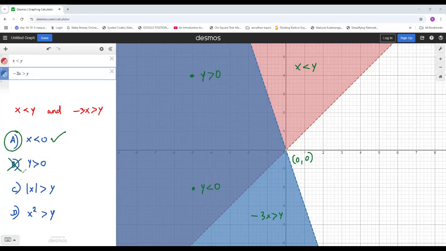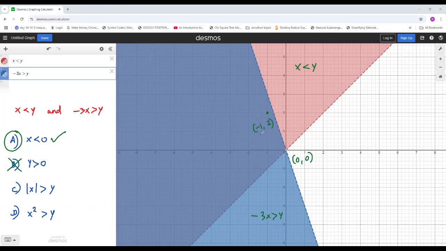Now let's go to answer choice C. Probably answer choices C and D must be wrong because we already got that answer choice A is true, but we need to prove that C and D are wrong. For that, I'm going to consider a random point in the common region. Let me take the random point negative 1, 2.